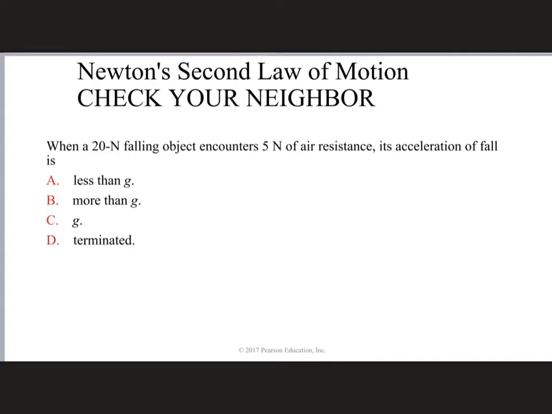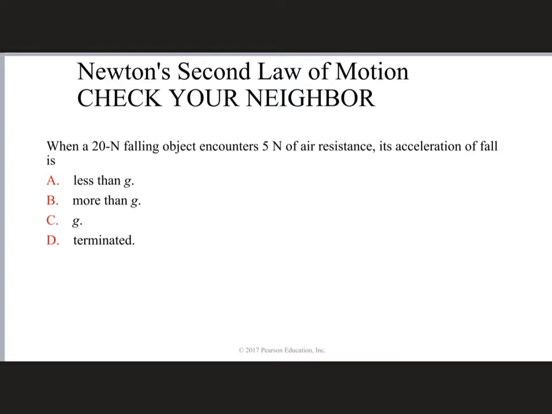So let's ask a question. If a 20 Newton falling object encounters 5 Newtons of air resistance, and remember, Newton is the unit of force in the metric system, so it's not the same as a pound, but it's the same kind of thing as a pound. It's a type of force. In fact, each Newton is about a quarter of a pound. Not quite, but almost a quarter of a pound.